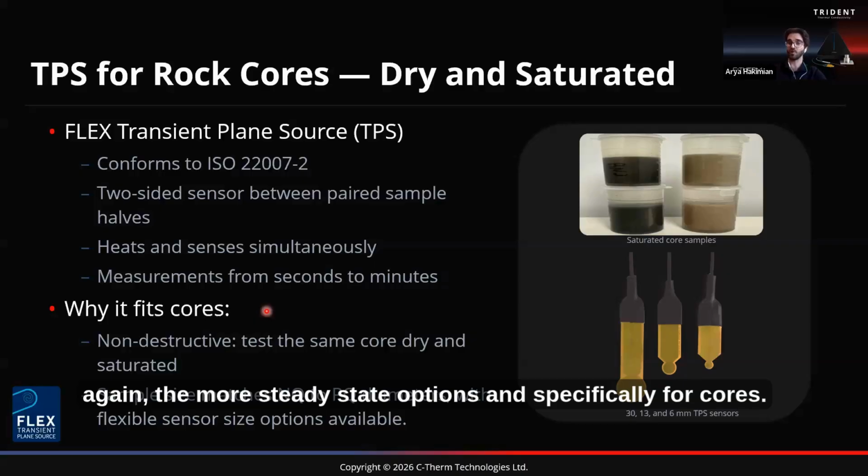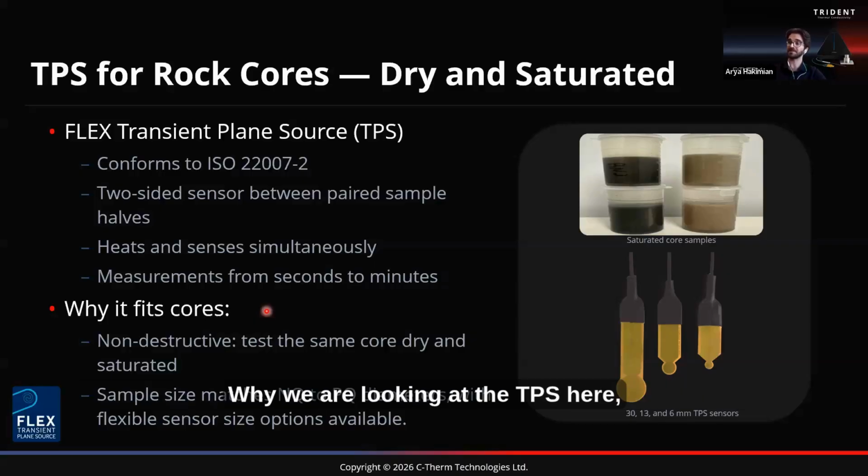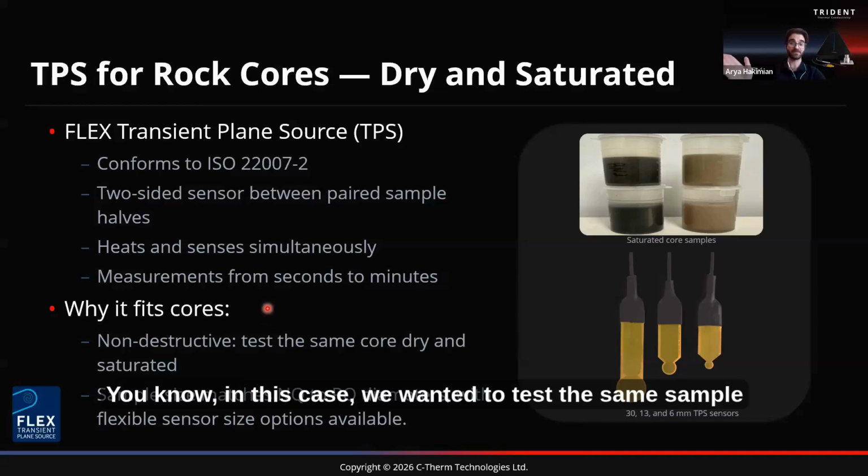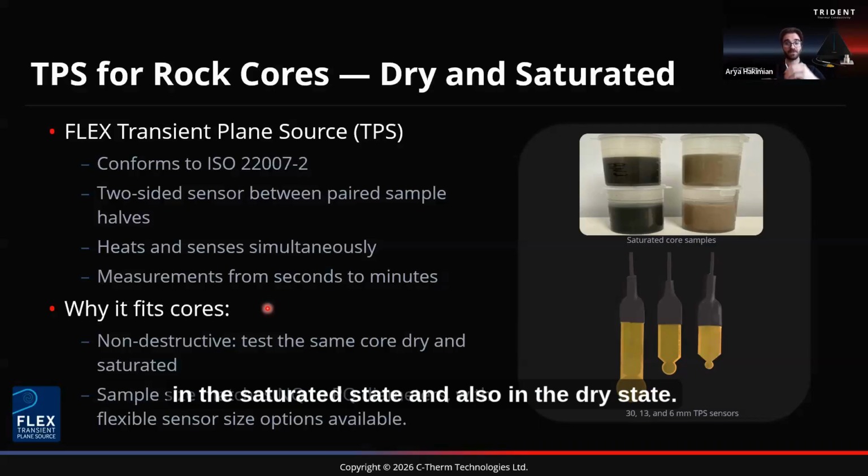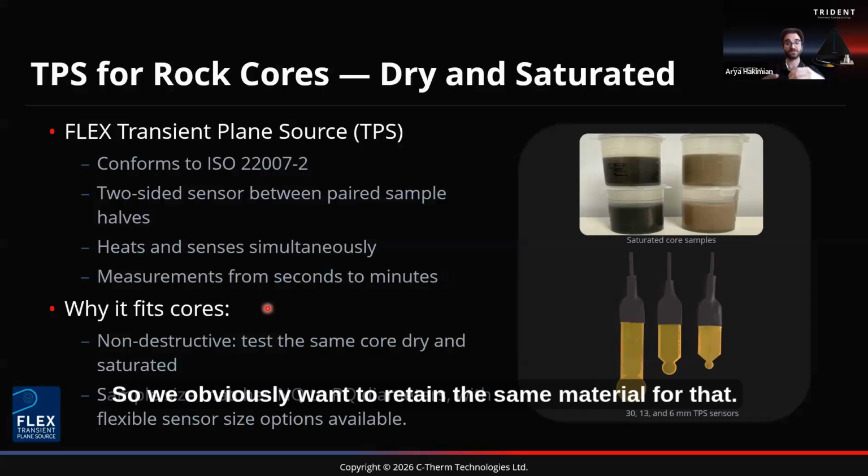And specifically for cores, the reason we are looking at the TPS here is that this is a non-destructive method. In this case, we wanted to test the same sample in the saturated state and also in the dry state, so we obviously want to retain the same material for that testing.